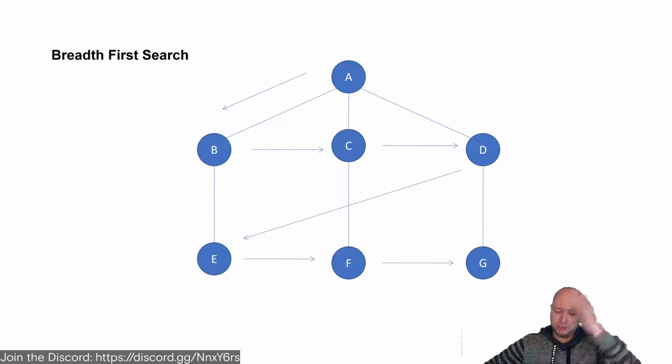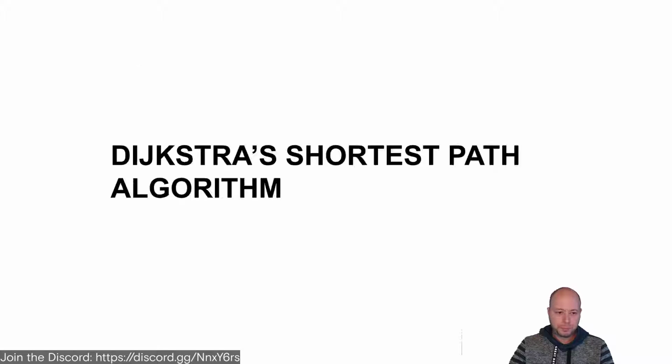And now we pop off D, and now we have E, F, and G, because they have been added to the end of the line. Again, you're doing the same trick where you're flagging nodes that have already been visited, so that we don't visit them twice. Also, you can always use the visited, non-visited paradigm using two different sets. It's just a matter of what you're trying to accomplish.